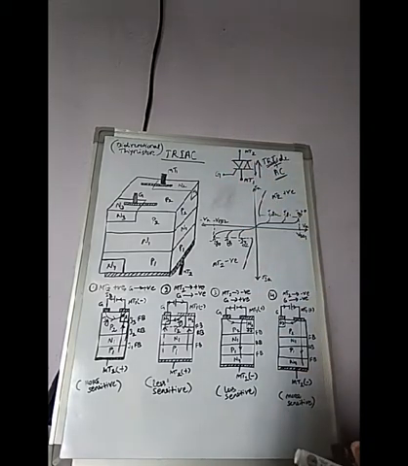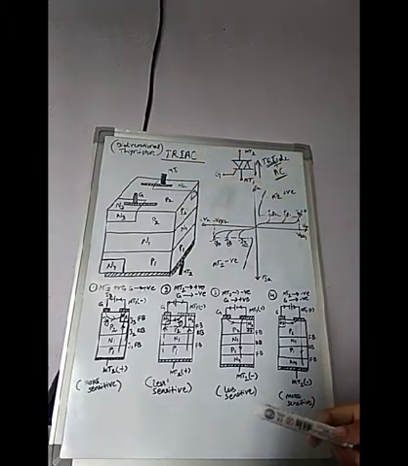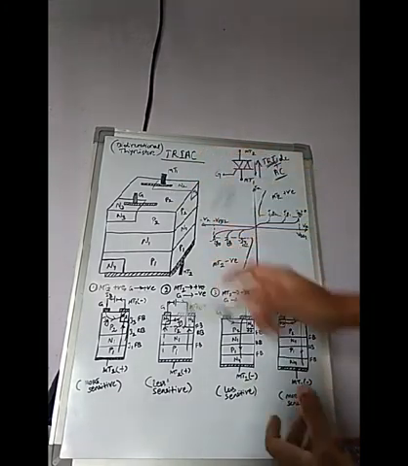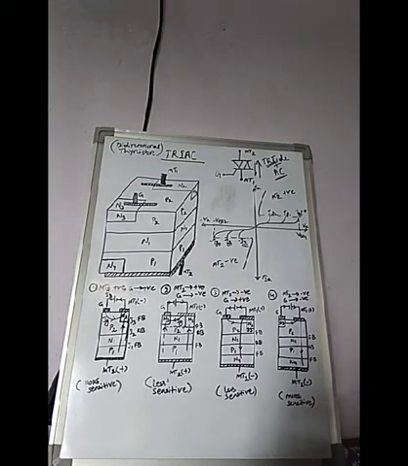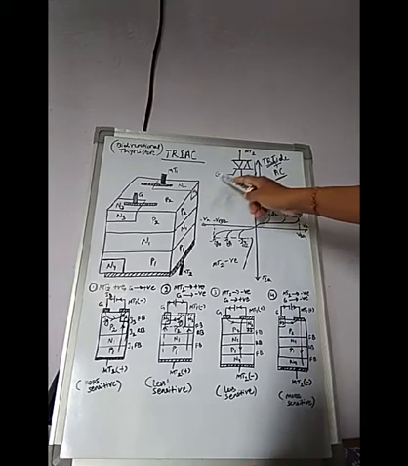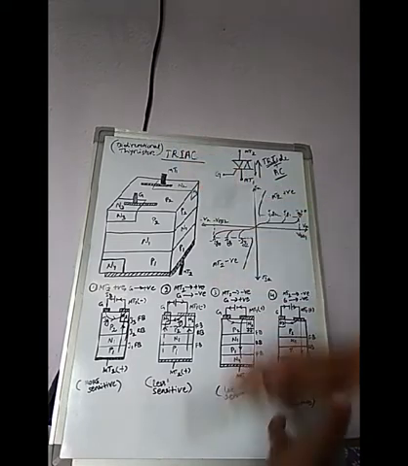So this is the cross sectional view of all the layers of the triac. Always remember that the gate is always nearer to main terminal 1. Here also, gate is nearer to main terminal 1. Here also gate is nearer to main terminal 1.